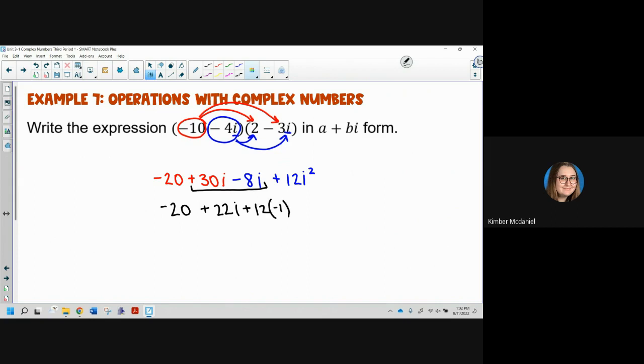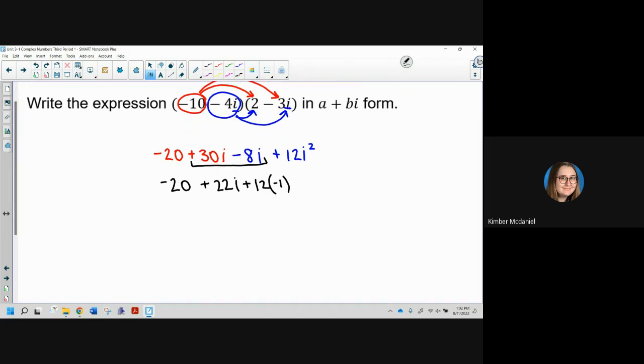Now, I want to just say this one last time because this is our last example. Make sure here that you understand that when you replace i squared with negative 1, you are multiplying that by the number that's with it. A common misconception that I don't see from a ton of my kids, because I try really hard to stress it, but sometimes I've seen students where they say, okay, 12 minus 1 is 11, and they write 11.